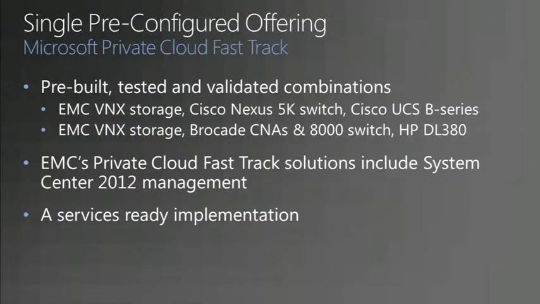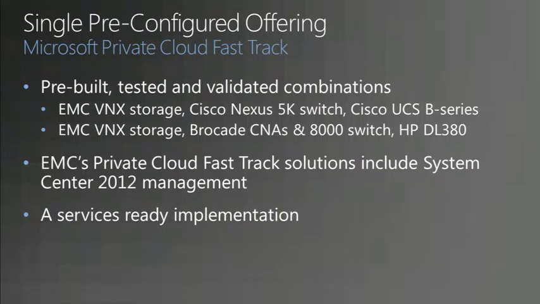So if you've heard about the Microsoft Private Cloud Fast Track configuration, these are systems that incorporate all of this technology, right? You don't have to go out and build your own. It's already built in. So you end up with a system that provides all of the resources that you require in that environment. And we're coming to market with two of those solutions. One that, in fact, what you've been seeing in all of these demonstrations, is on our private cloud infrastructure.